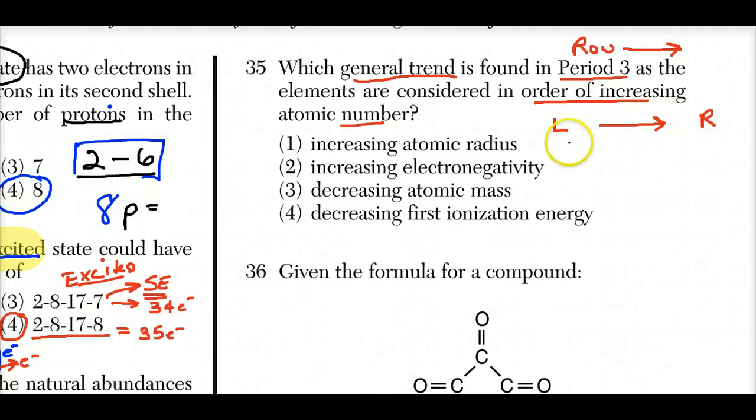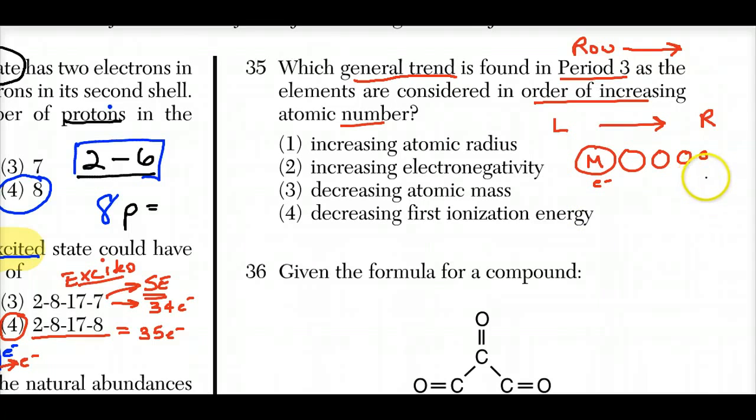You can look at that yourself on the periodic table. Now, what's the general trend? There's increasing atomic radius. Well, we should know as we go across the periodic table, the radius gets smaller because we're becoming more like nonmetals. Metals hold on to electrons loosely. Nonmetals hold on to electrons tightly.